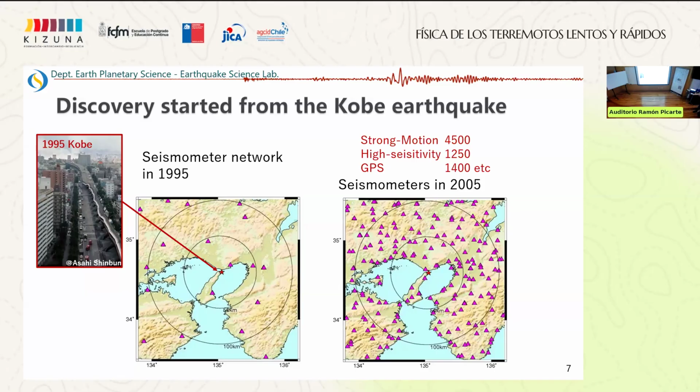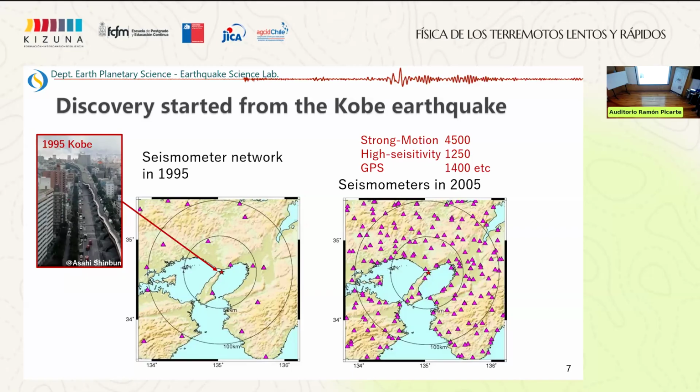These are just high sensitivity or strong motion stations, but in reality, we have several thousand seismic stations in Japan. And also we have GPS, a geodetic instrument in Japan. So that's a big difference. It occurred because of the Kobe earthquake.